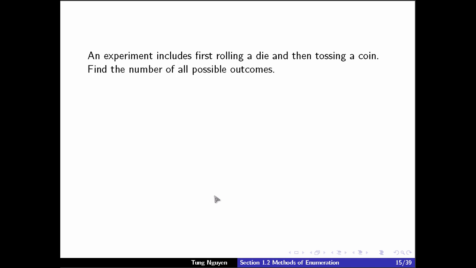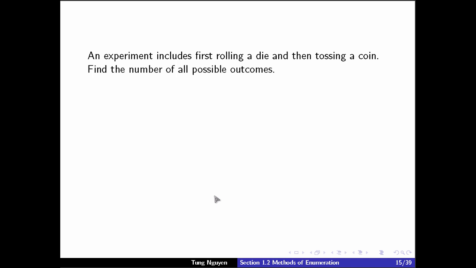In this case, you can also draw a tree diagram and obtain the answer quite easily, because the number of outcomes for each experiment is small. But let's try to learn how to use the multiplication principle to solve this problem.